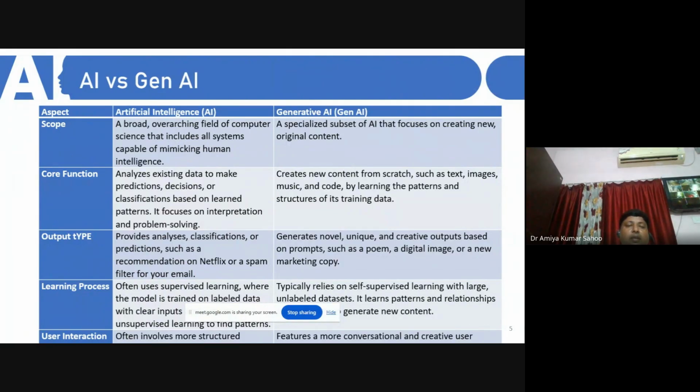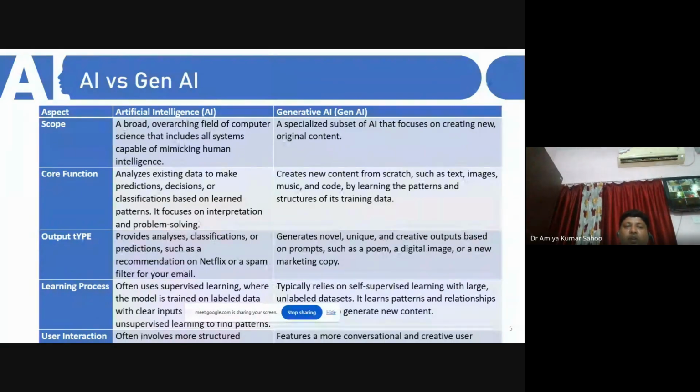If you see the core function part, AI analyzes existing data to make different types of predictions, decisions, and classifications based on learned patterns. Dear friends, the data must be labeled data, then patterns, then based on learned patterns. It focuses on interpretation and problem solving.